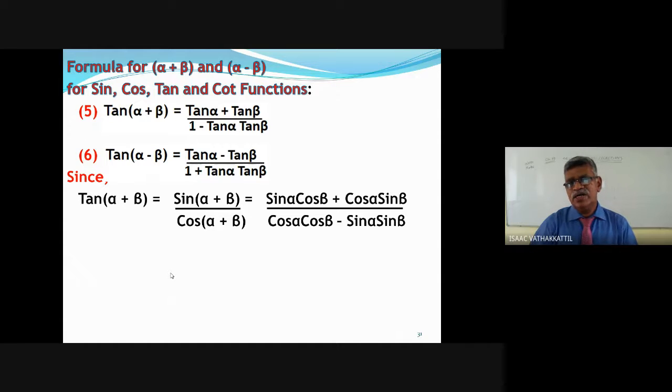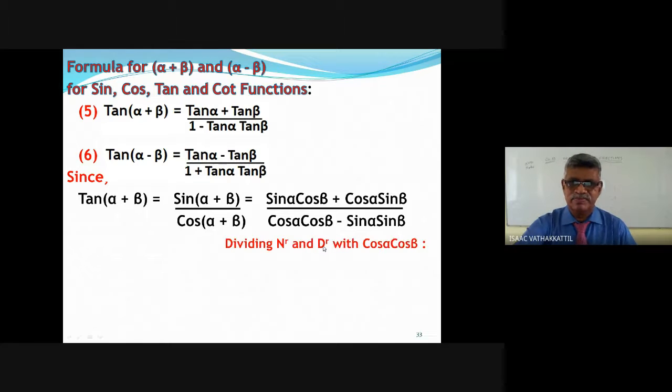Now dividing numerator and denominator with cos alpha cos beta, what do we get? Sin alpha cos beta, when you divide with cos alpha cos beta, cos beta cancels, you get tan alpha. Cos alpha sin beta, when you divide with cos alpha cos beta, cos alpha cancels, we get sin beta by cos beta, tan beta.